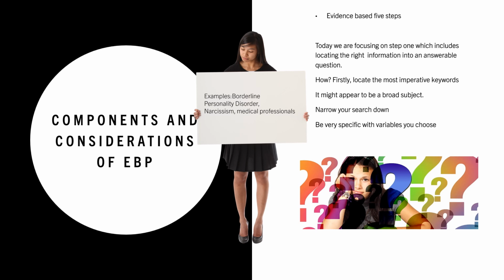Firstly, it is imperative for students to identify the subject that they are most interested in. Choosing a subject helps students to have the ability to research specific problems and examine the efficacy of certain theories and/or treatments. Locate the most imperative keywords that you're going to use.